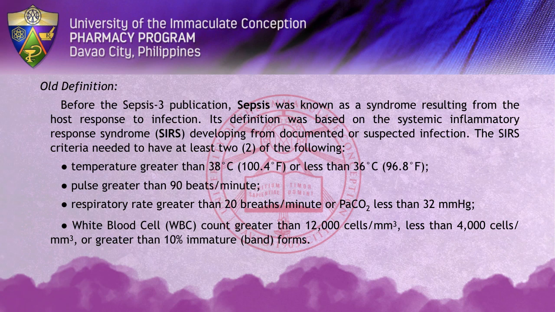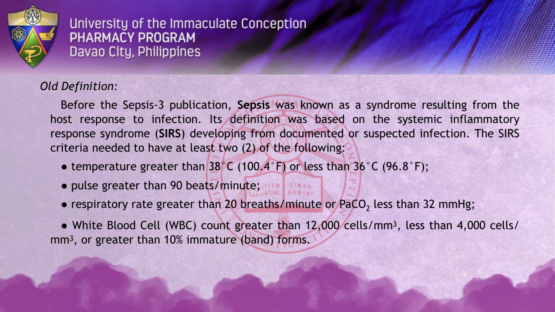Before the SEPSIS-3 publication, sepsis was known as a syndrome resulting from the host response to infection. Its definition was based on the systemic inflammatory response syndrome, or SIRS, developing from the documented or suspected infection.